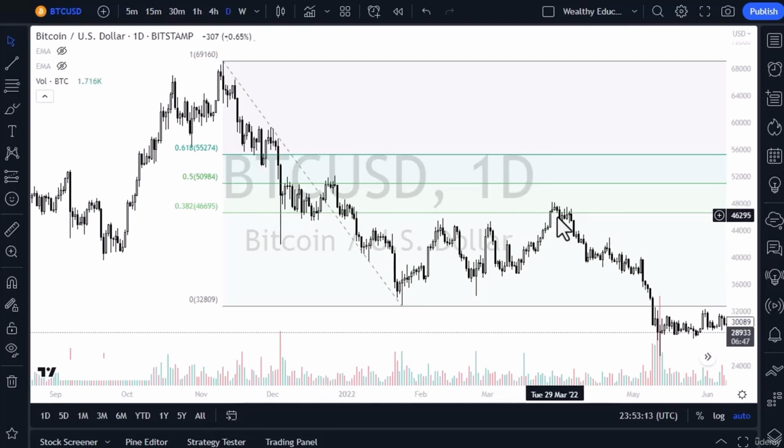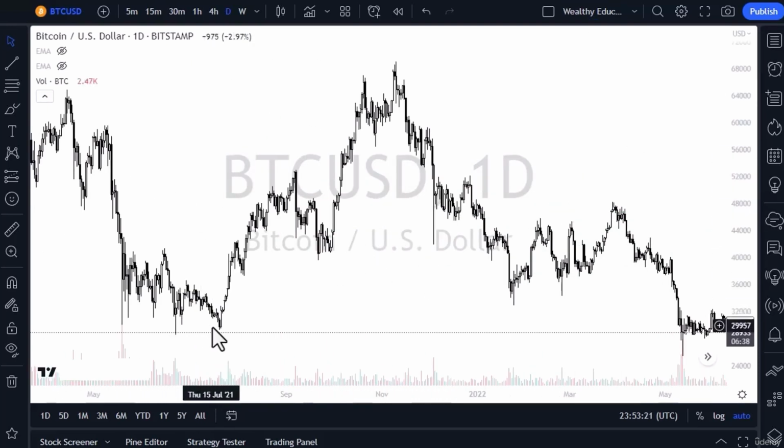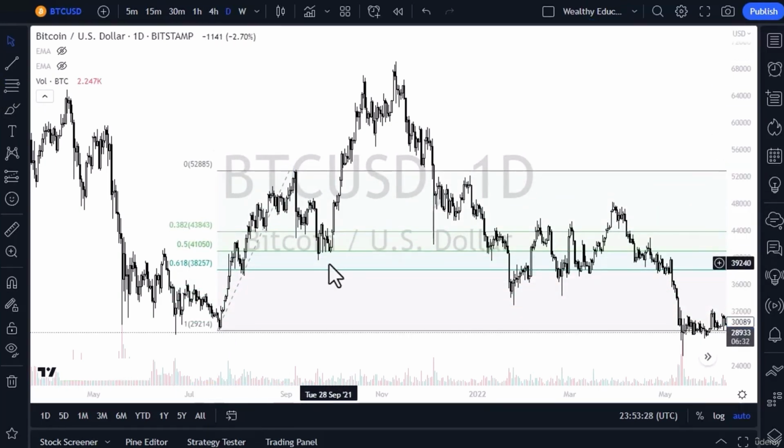And the 38.2% level was exactly where they started to sell it off again. It does work in both directions. So, for example, if you saw this move here and you said, I want to get involved, right here, 50% of the move has been retraced and they got involved.